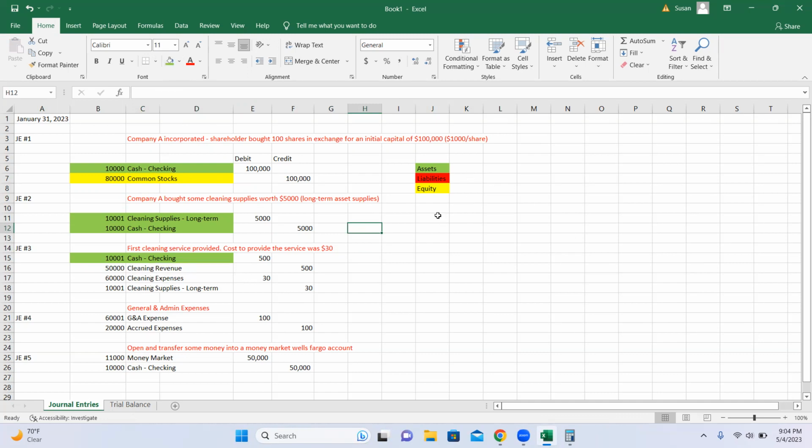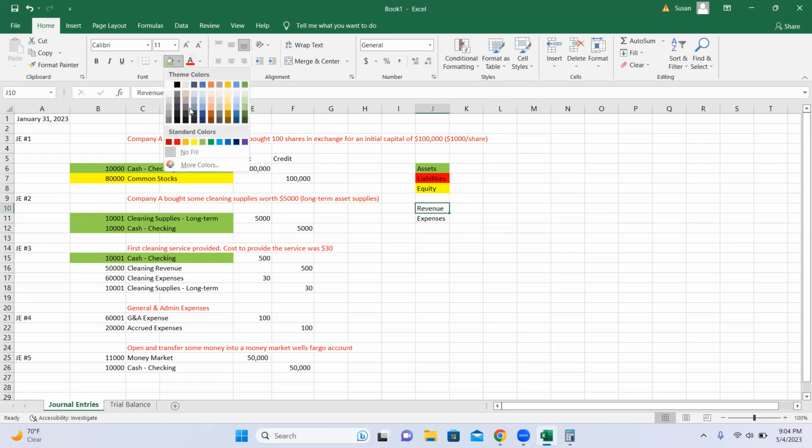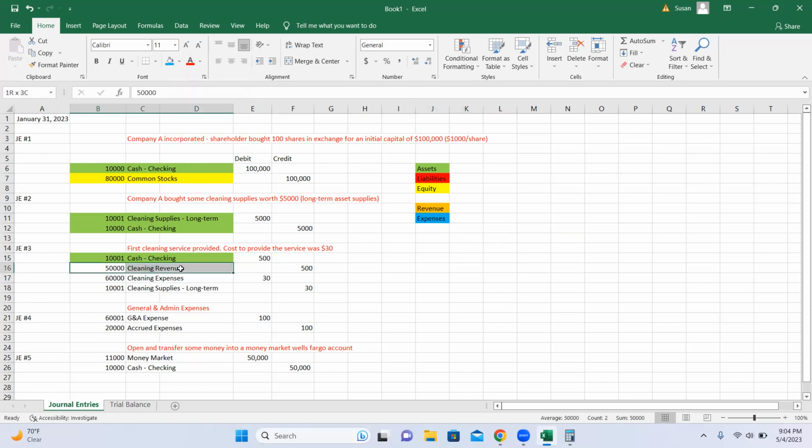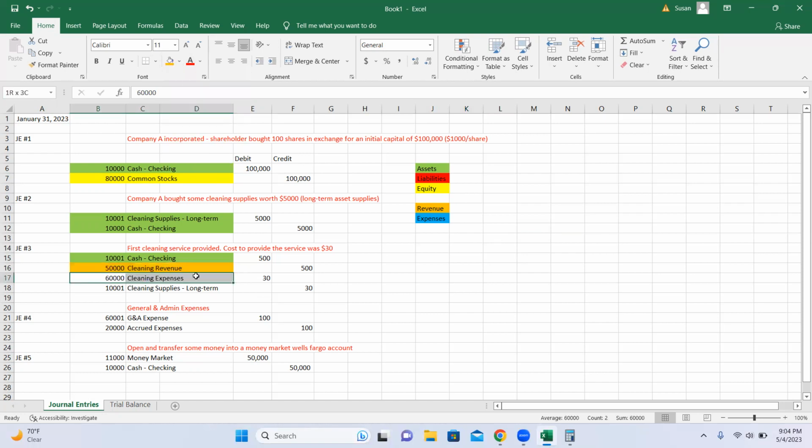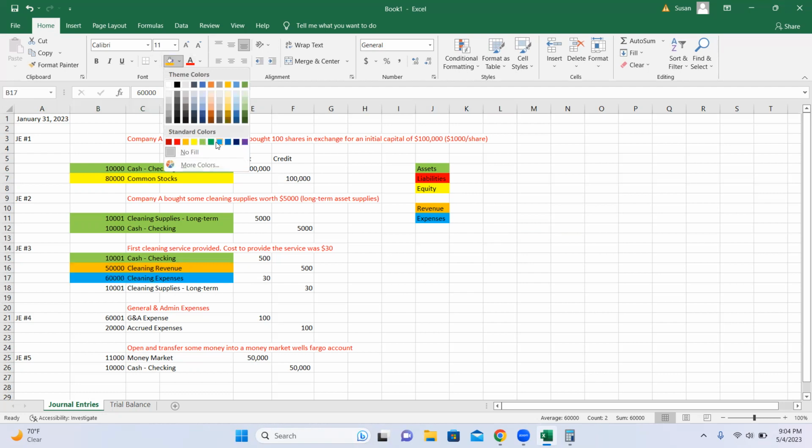And then on top of that, you'll have the movements each month. You have your revenues and your expenses, which contribute to your equity. And if you need to know more about this, there's a lot of videos online that teach you more about it. So cleaning, this is a revenue, and then this one is an expense.